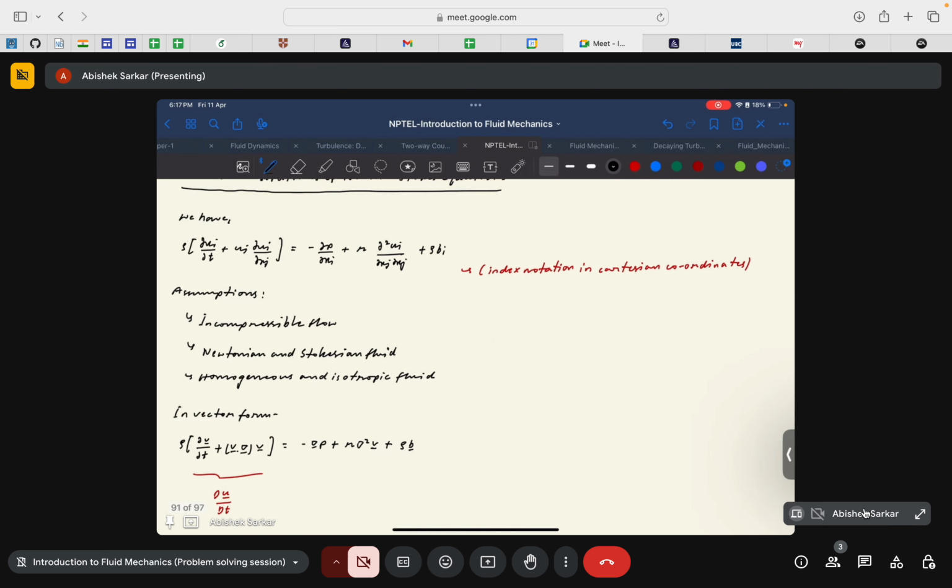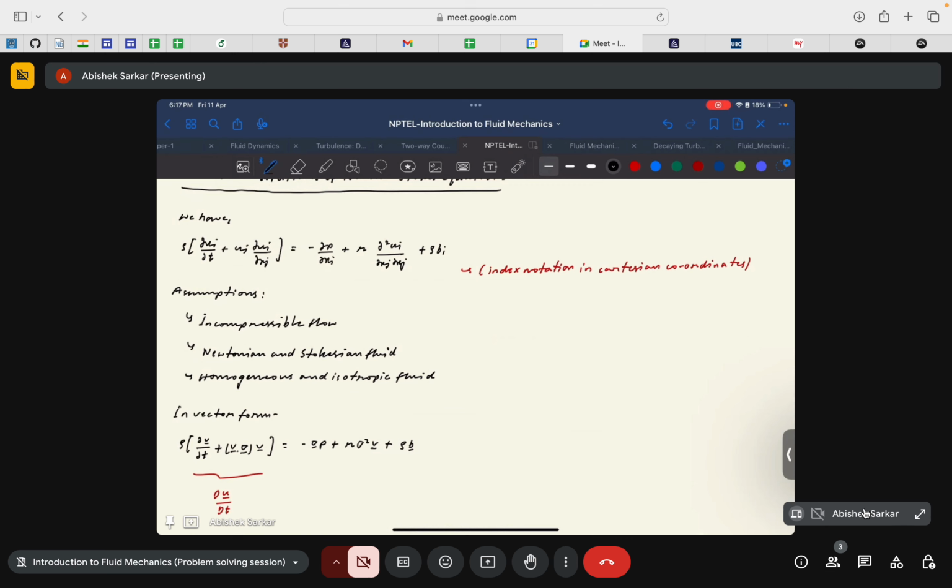But again, in order to save time, I will deal only with one example in today's problem solving discussion, and you can apply similar understanding to the other two problems.